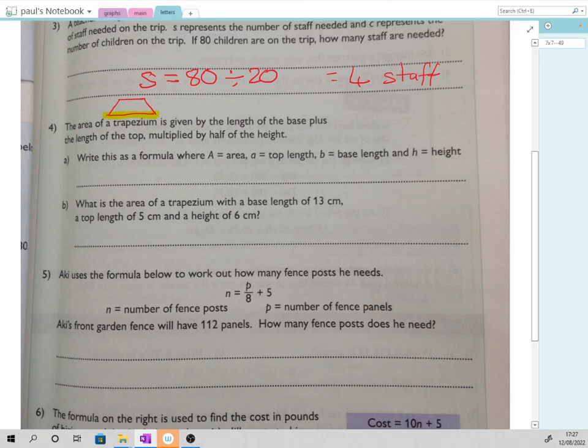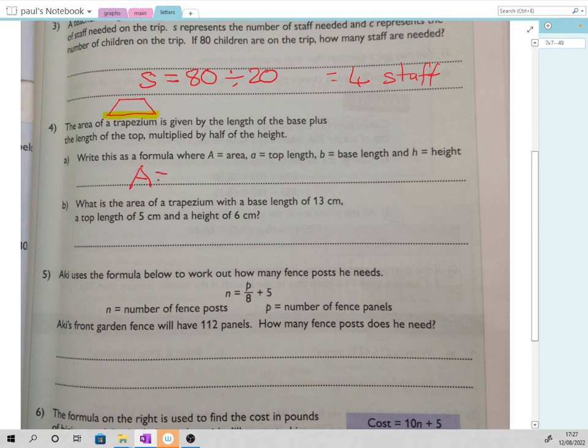Right. So A is the area. Write this as a formula where A is the area, a is the top, b is the base, and h is the height. So let's just pick this out bit by bit.